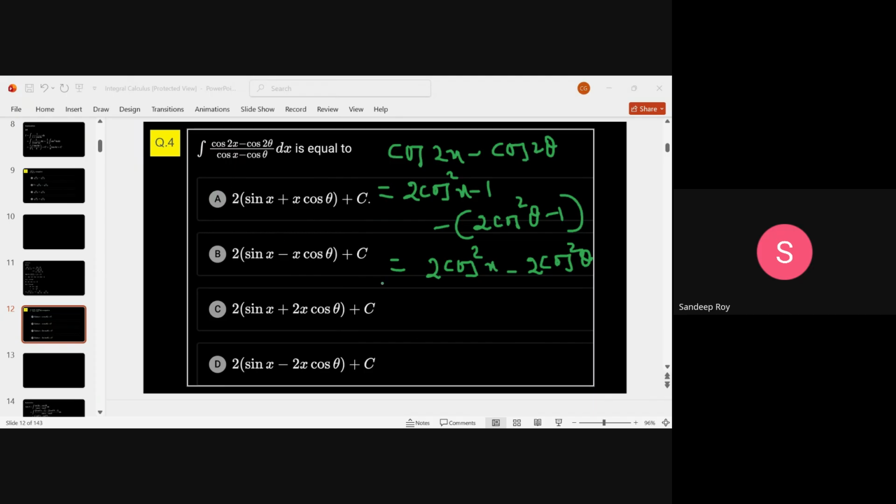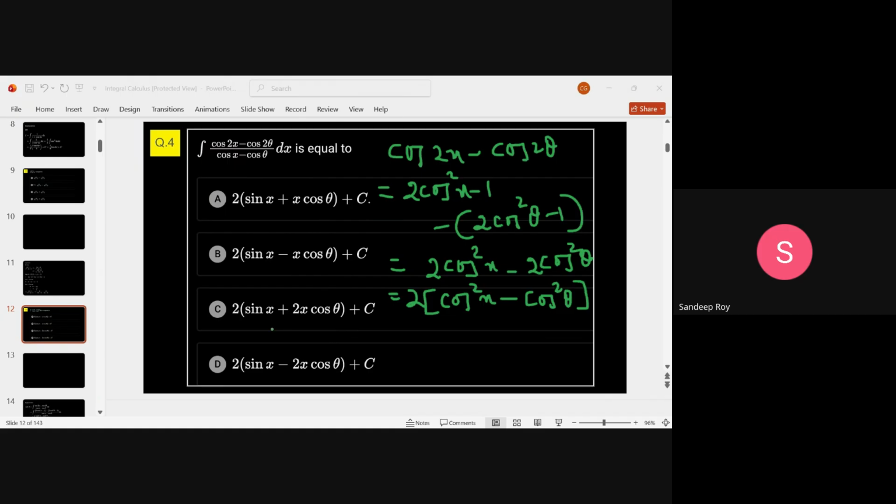Now you can take 2 common out of the numerator, and factorize using the a square minus b square identity. Then you'll get cos x plus cos theta times cos x minus cos theta, right? So cos x minus cos theta will get cancelled because that is the common factor present in both numerator and denominator, right?